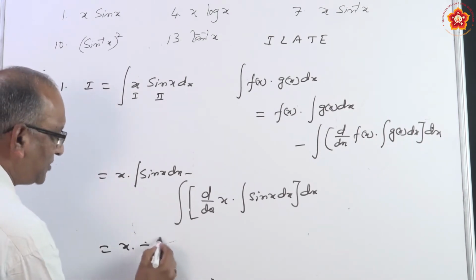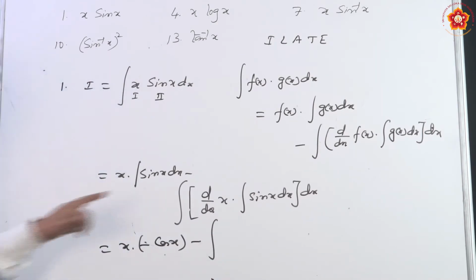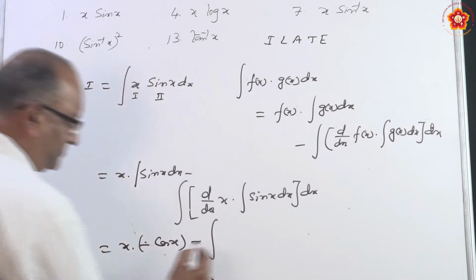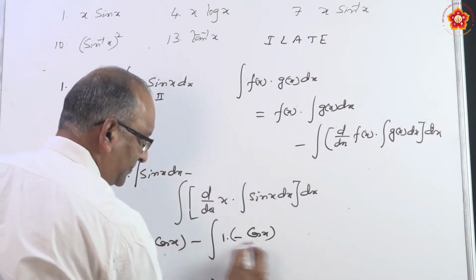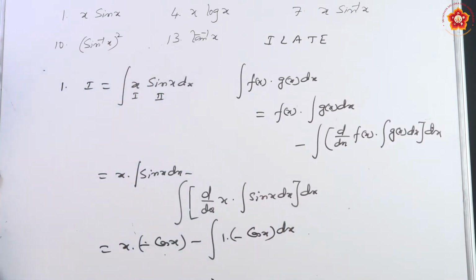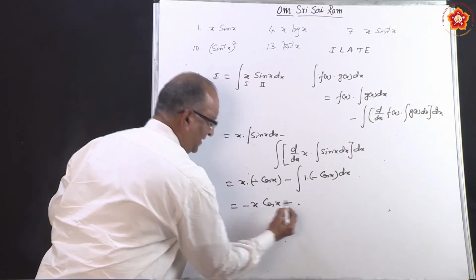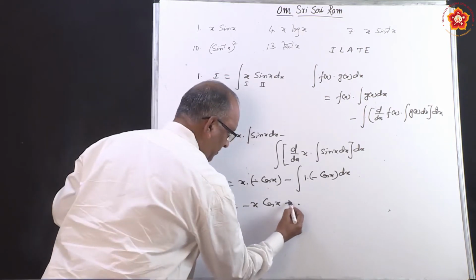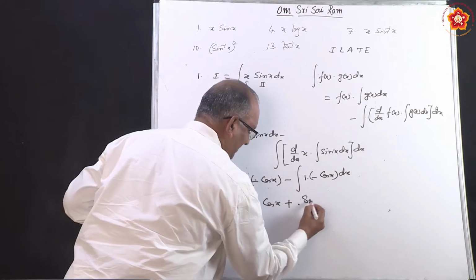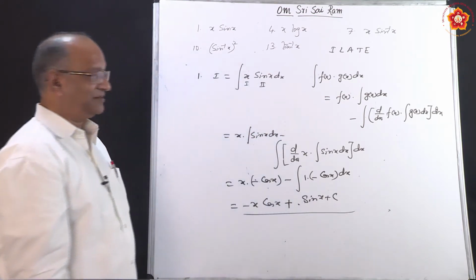It is minus cos x, minus integral of derivative of x, which is 1, and integral of sin x is minus cos x, dx. So, this can be written as minus x cos x, and if you bring this minus also here it will become plus, and integral of cos x is sin x, plus c, the constant of integration.